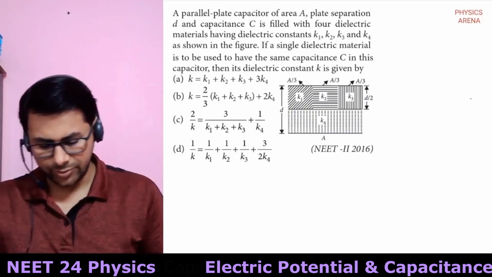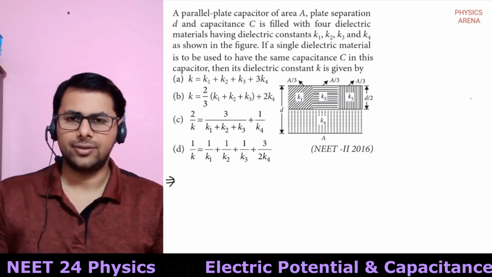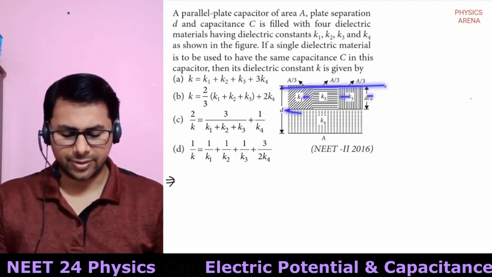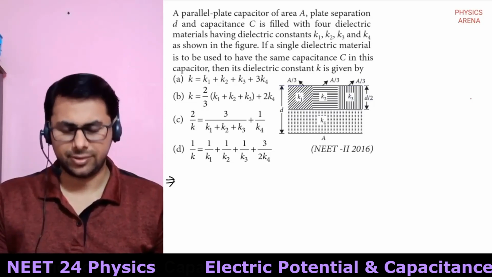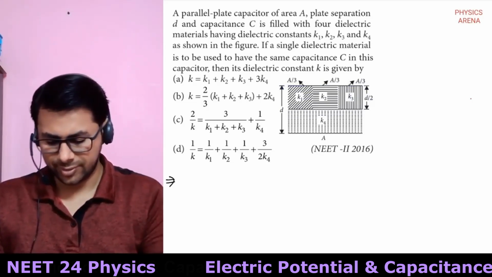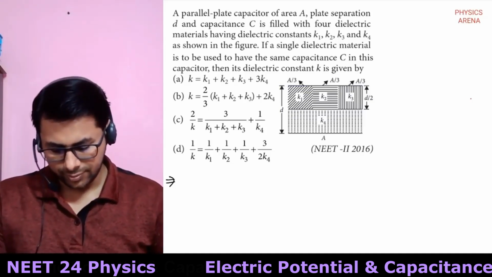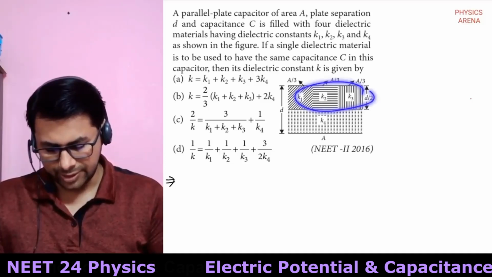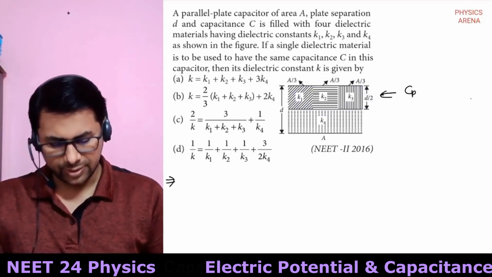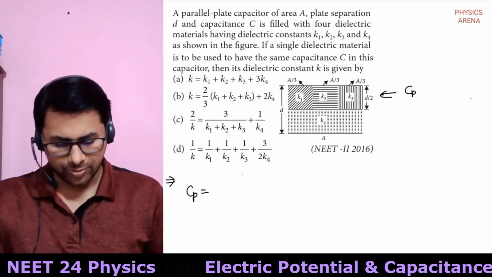Tell me, what can we do? These three, are they in series? This is the plate. This is another plate. They are in parallel, no? Okay, they are in parallel. Their capacitance will get added. So let's find out Cp first for this one. Cp will be equal to what? C1 plus C2 plus C3.